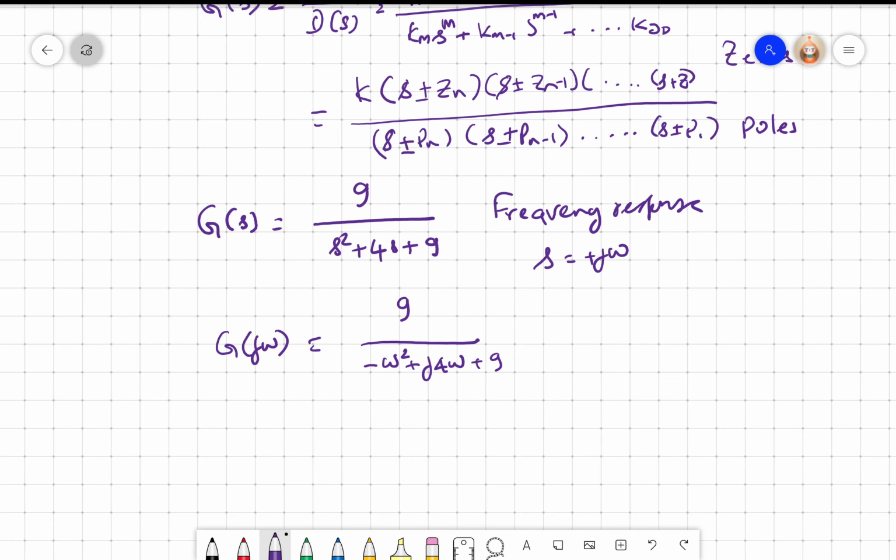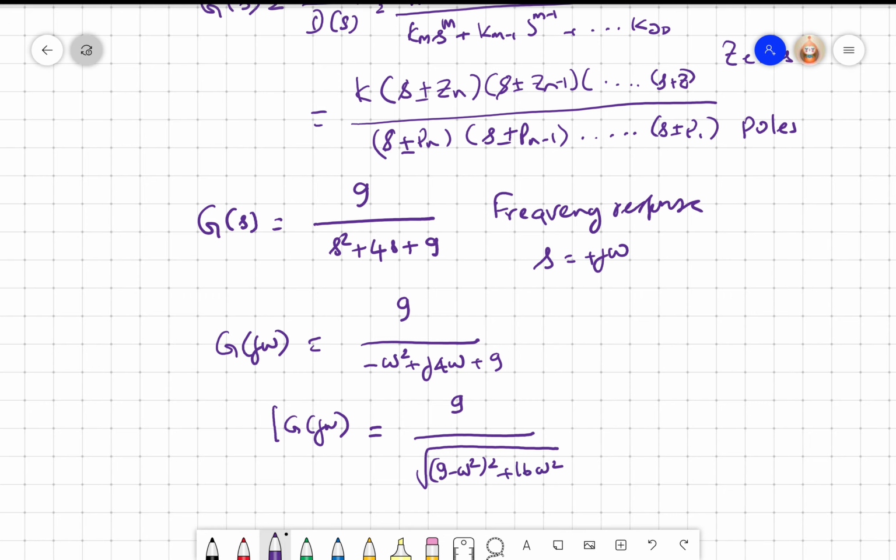So now I can find out the frequency response by simply taking the magnitude and the phase, right? If I look at the magnitude of g of j omega, this is 9 divided by square root of (9 minus omega square) whole square plus 16 omega square, right?